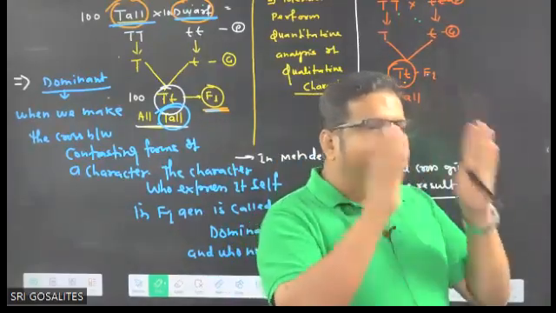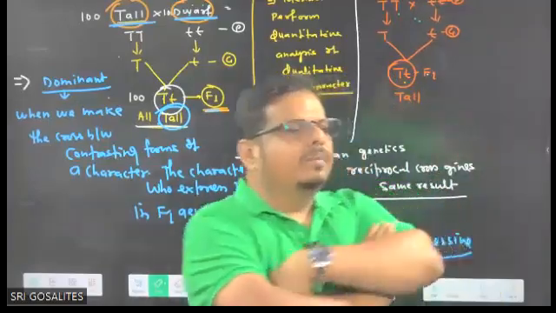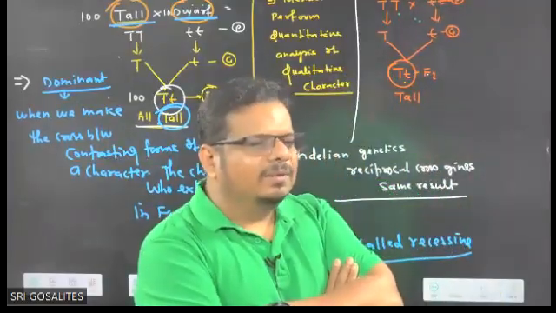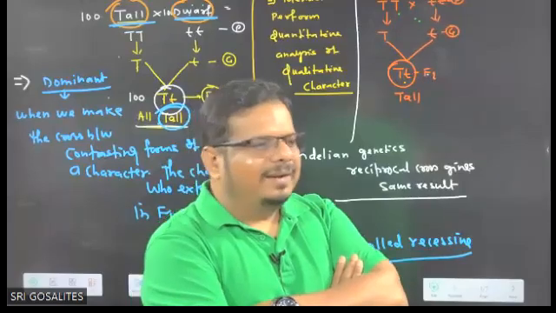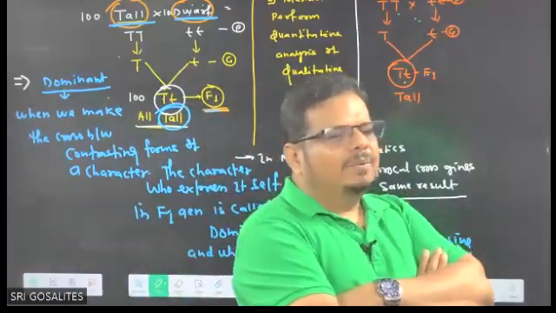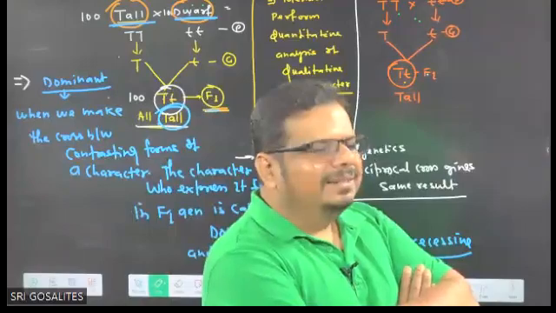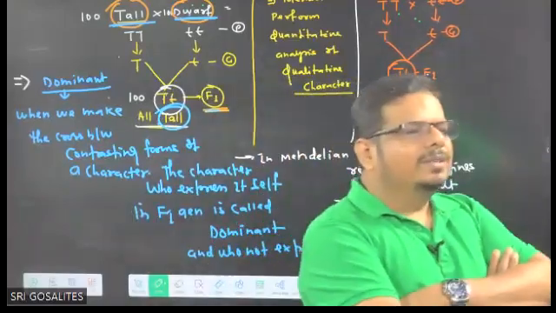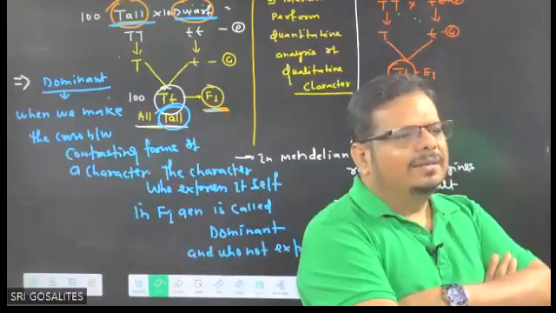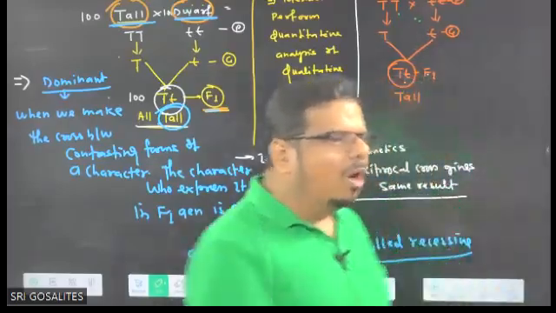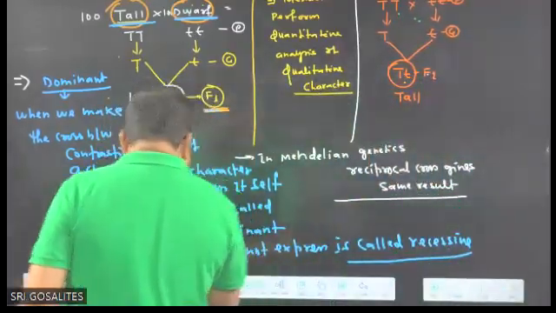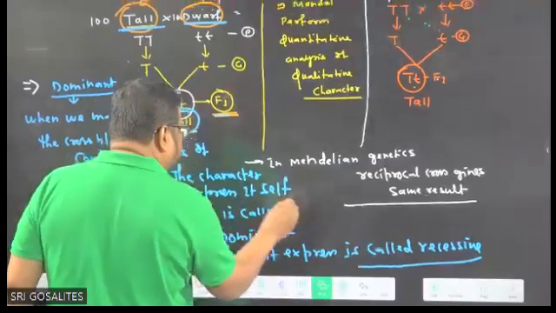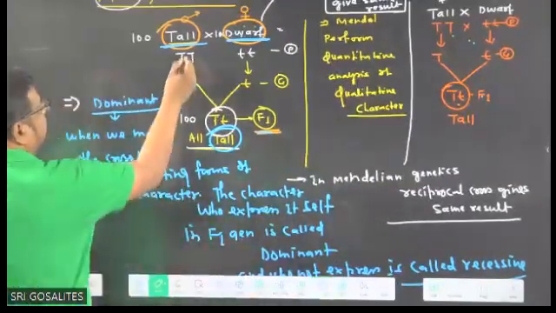Children, you got the definition of dominant, you got the definition of recessive, got the idea? Whoever expresses in the F1 generation is called dominant. Who doesn't express in the F1 generation is called recessive. Dominant expresses in which condition? Both homozygous and heterozygous condition.